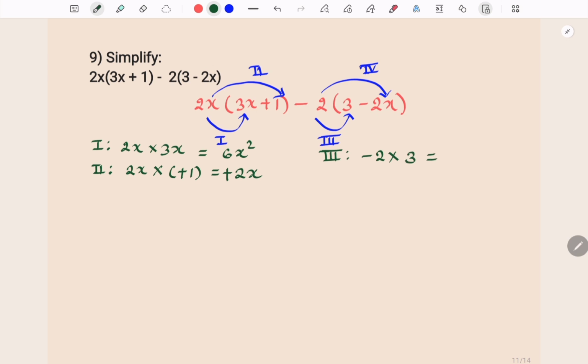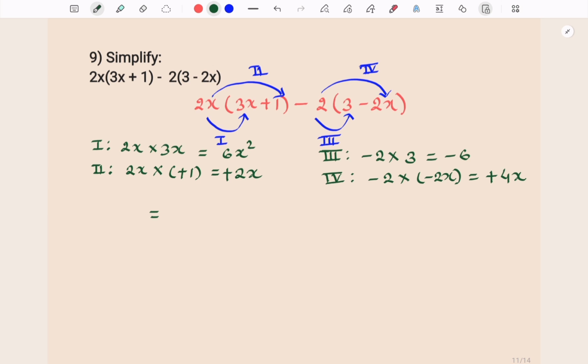Minus 2 multiplied by 3 gives minus 6. And the fourth multiplication is minus 2 multiplied by minus 2x. Minus 2 multiplied by minus 2x gives plus 4x. The next step would be to write the results of all these multiplications with their proper signs.